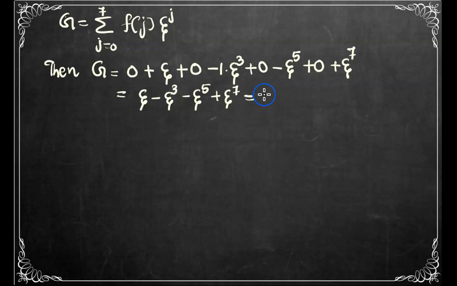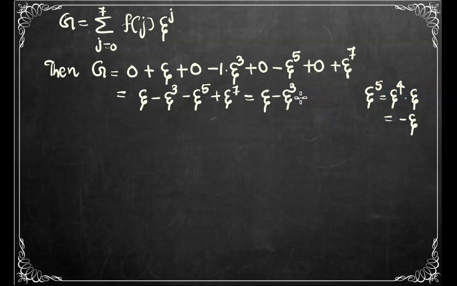That can be written as zeta minus zeta cube minus zeta raised to 5 can be expressed as zeta raised to 4 into zeta, which is equal to minus zeta, since zeta raised to 4 is minus 1.